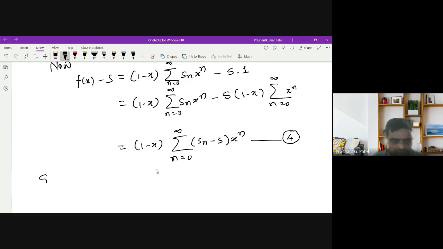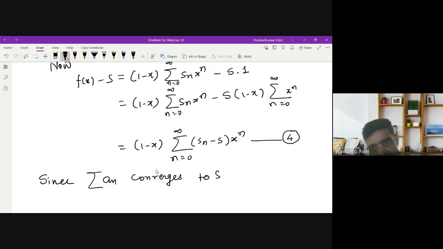Now since the summation of an converges to S, what will happen if I take the limit x tends to 1? We have to see how the summation of Sn minus S behaves. Sn is the partial sum of an, and S is the convergence of the summation of a.